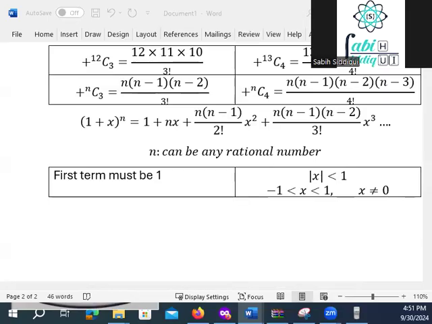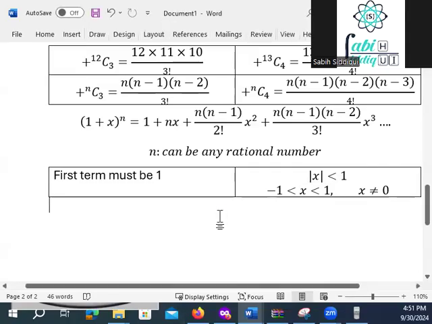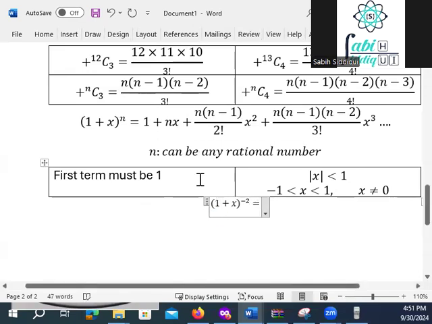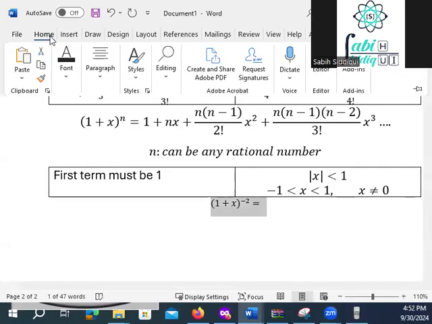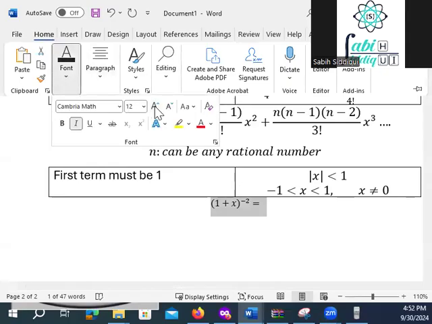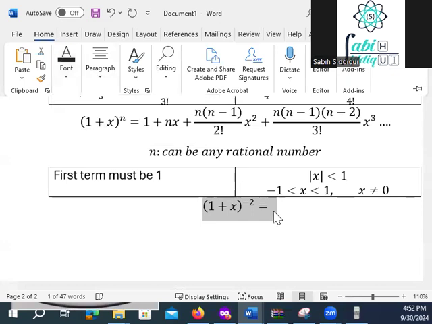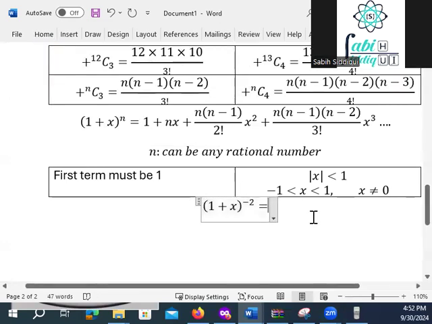Now let's go to very quick examples. Okay, class. करो शाबाश. Yes, Bashir.